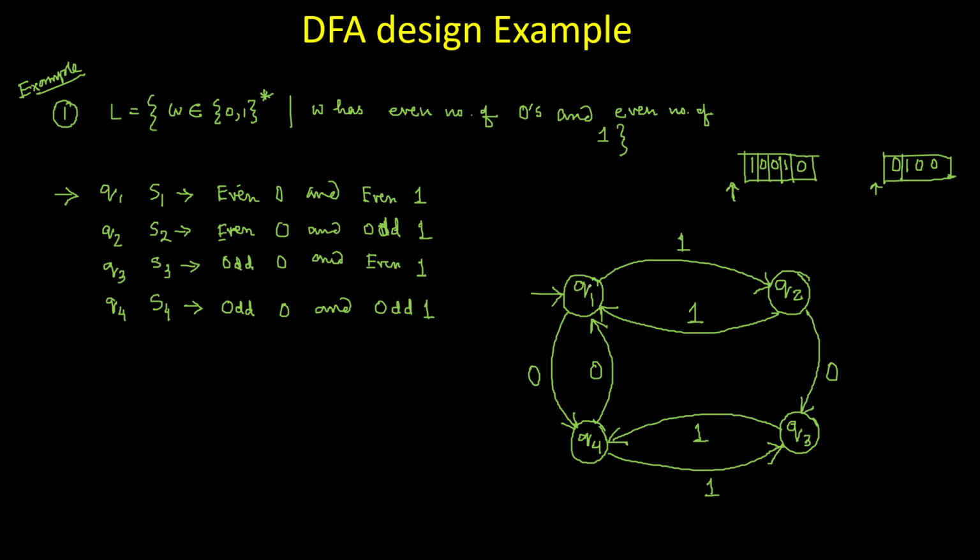Then from here to even 0, odd 1. Then from here, if I get a 0, odd 0. Oh, yes. Now I think I had a mistake. If you are in Q2, that means you are in even 0, odd 1, this state.